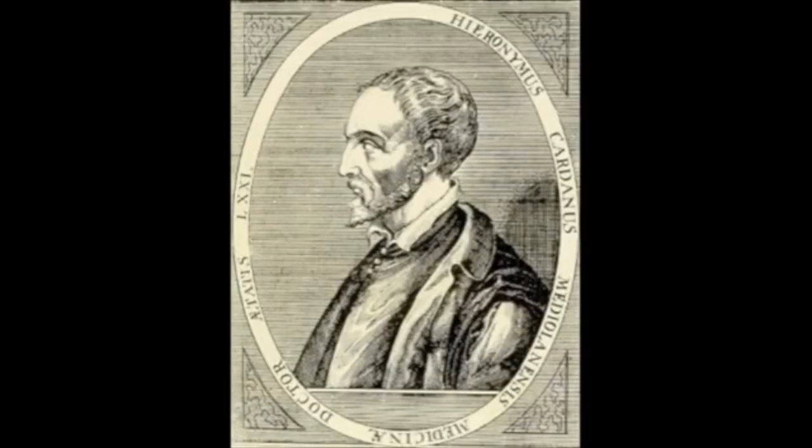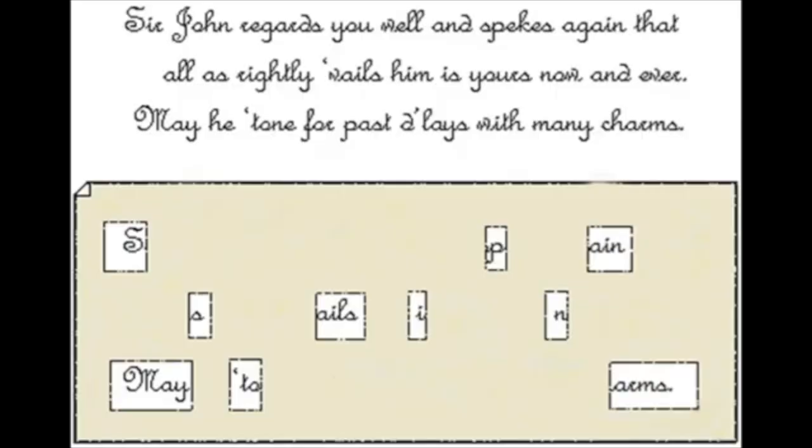In 1550, Girolamo Cardano, 1501 to 1576, known in French as Jérôme Cardan, proposed a simple grid for writing hidden messages. He intended to cloak his messages inside an ordinary letter, so that the whole would not appear to be a cipher at all.